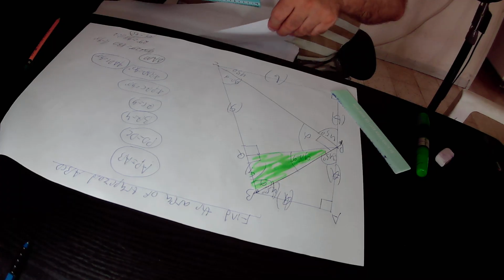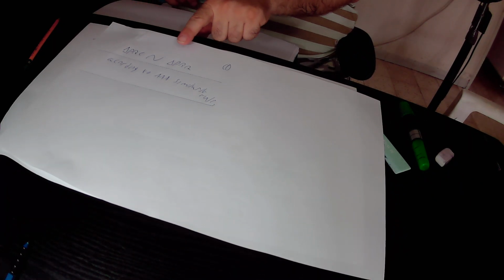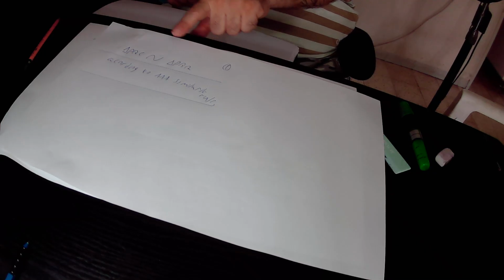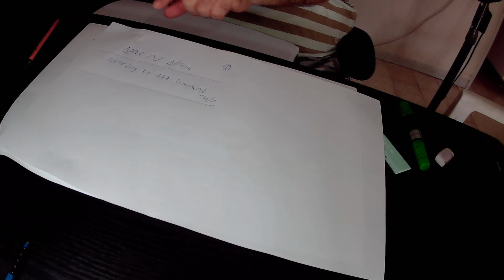Okay, again, we found out that the big right triangle PQC is similar to the small green right triangle PBQ according to the angle similarity rule.